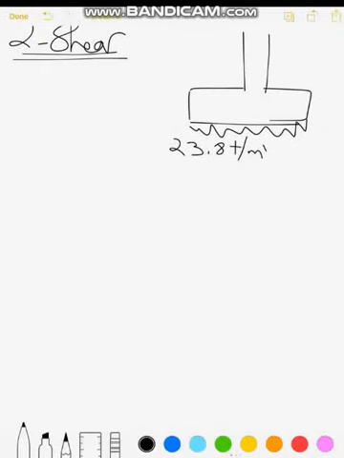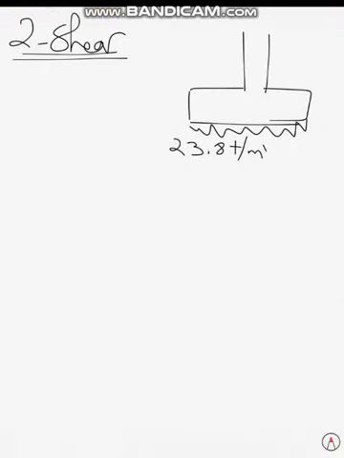In that case, to determine the shear, the critical section for the shear is at distance d over 2 from the face of the column. As you can see, d over 2, which I have already estimated in the previous step, was around 26.5, so 26 is a good value now. I need to determine the shear.